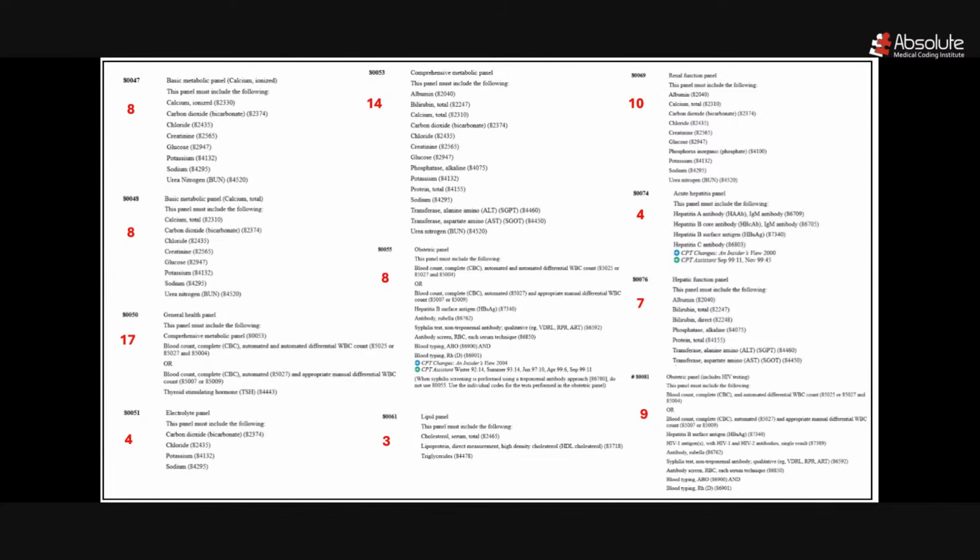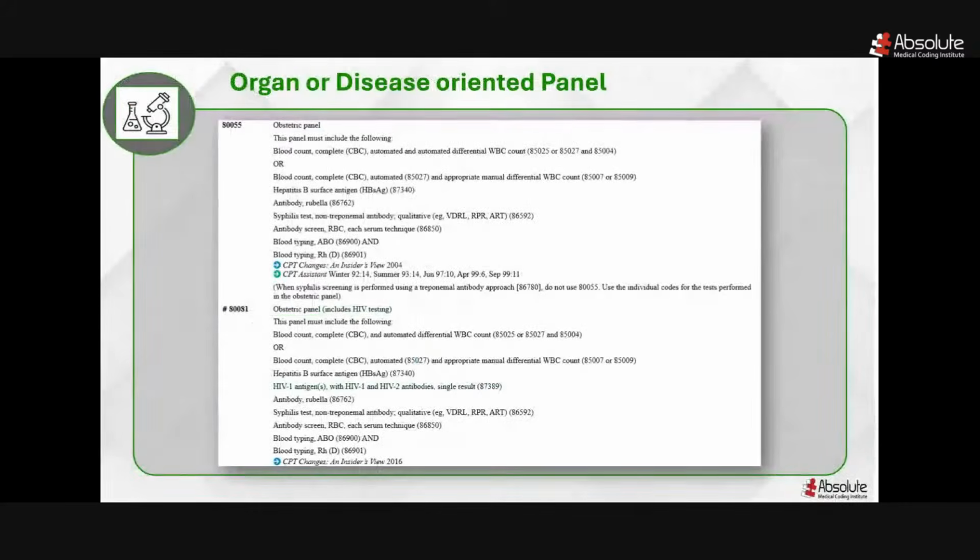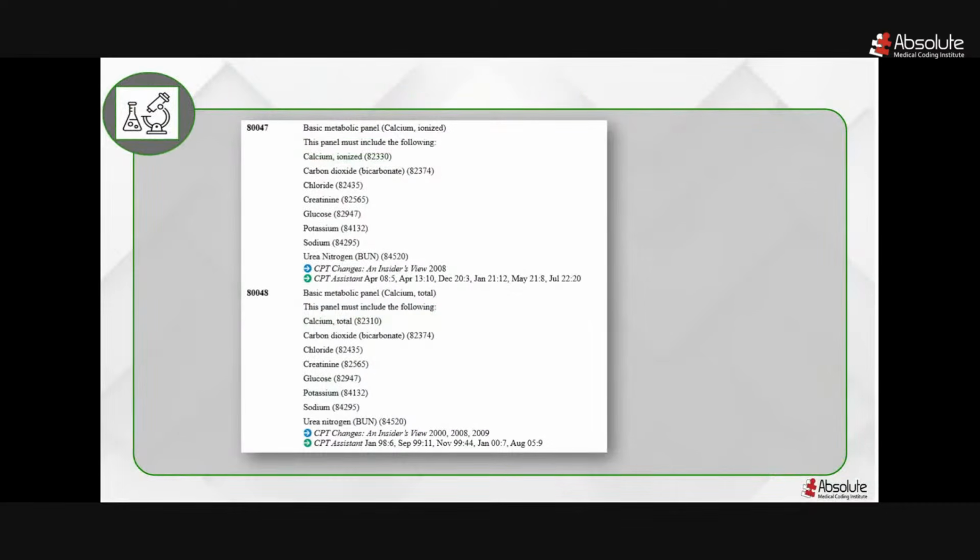By checking these markings, you can quickly see whether the required number of tests was actually performed to report a panel. And once you confirm that the number of tests required for a panel is met, the next step is always to verify each test individually. So you can take a note of these markings. All right, now let's move on to the next slide.